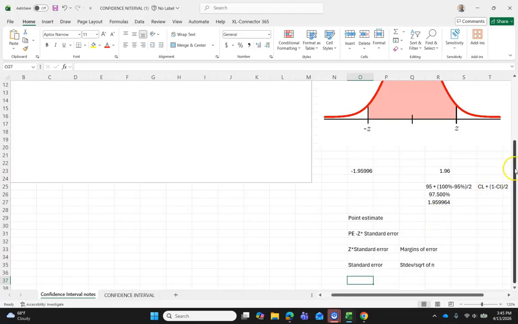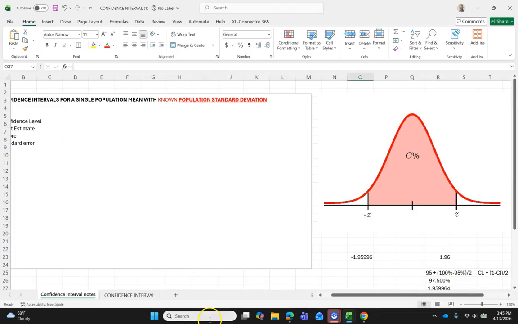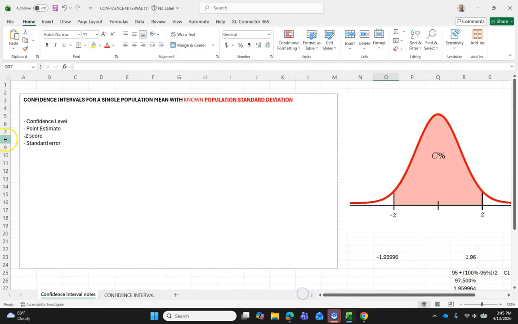Let me go back here. So in this case, we have already defined and understood the confidence level, which is the probability in the middle, and the point estimate is the average of the sample means. We're going to use it to estimate the average of a population. We know how to find the z-score. We found the z-score by using the probabilities or percentages that we have.